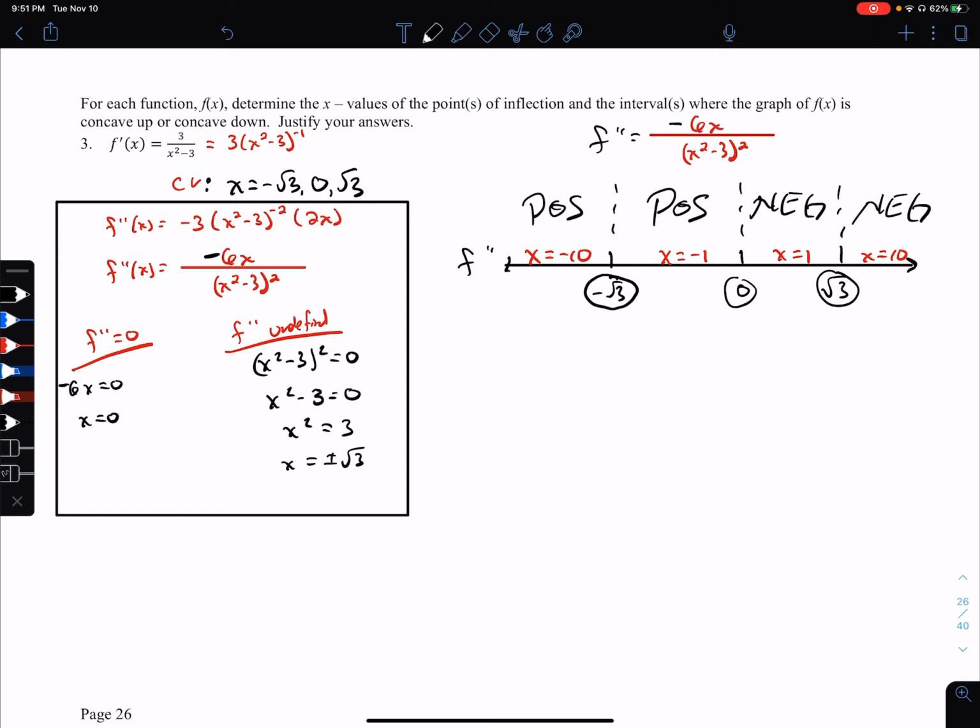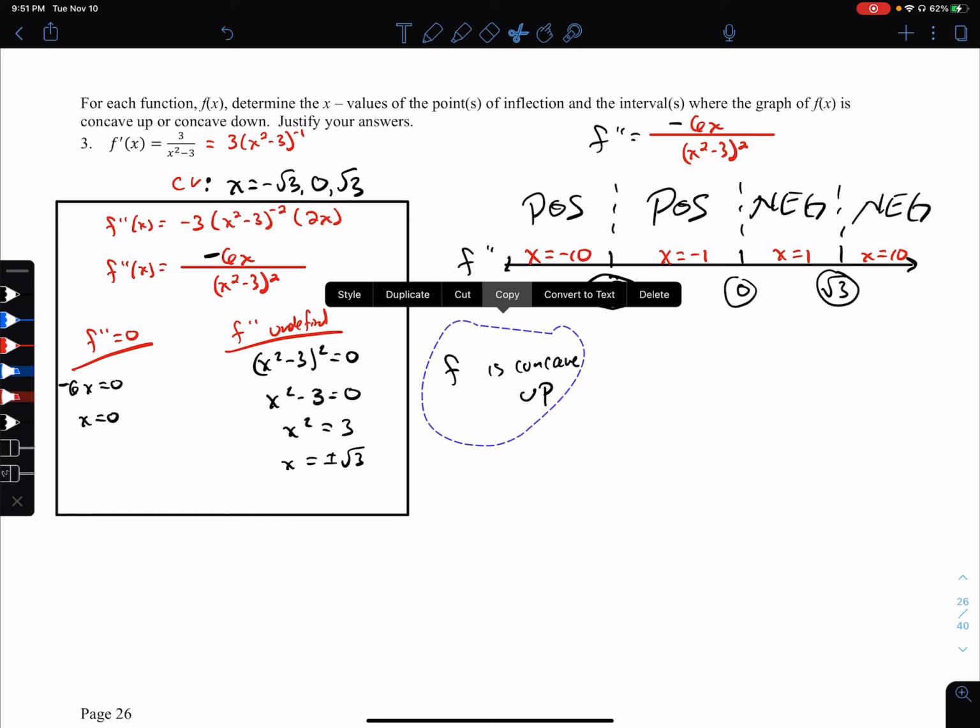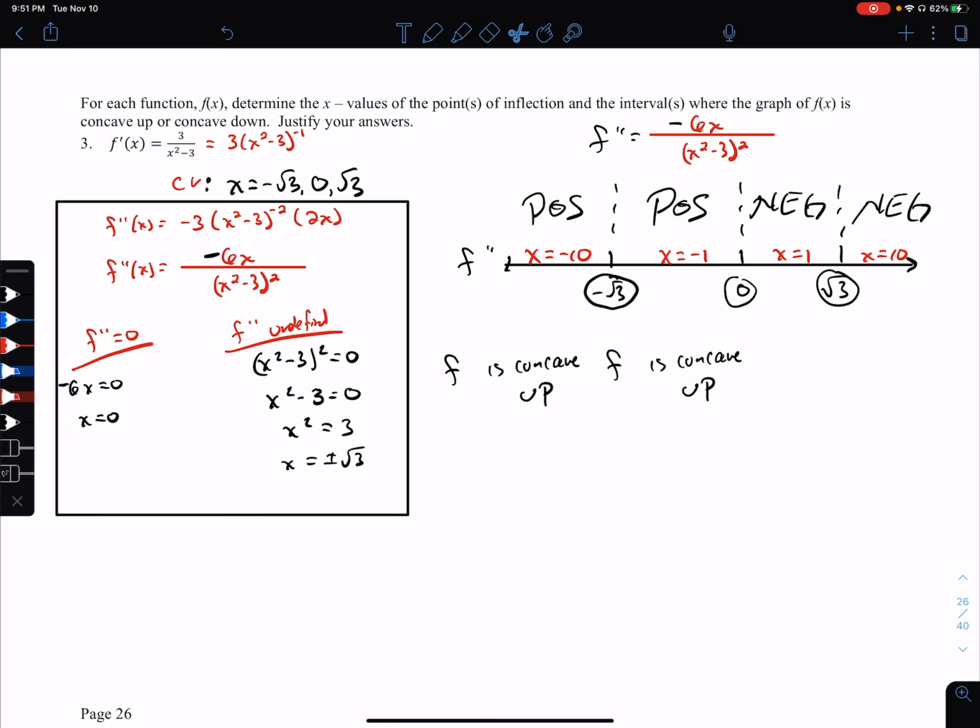If the second derivative is positive, then that means f is concave up. And that same thing can be applied here. If f double prime is negative, then f is concave down. And here, same thing, concave down.